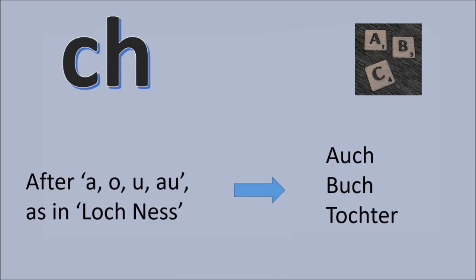CH. This is the one that's bothering most German learners, also because it's quite difficult to write down phonetically. If it's after an A, O, U or AU, then it's as in Loch Ness, the ch sound: Loch, Auch, Buch, Tochter.